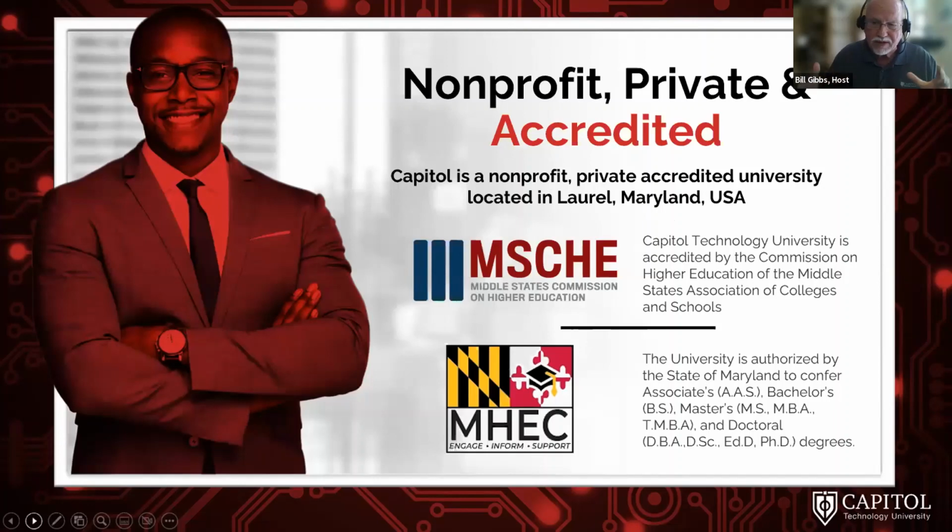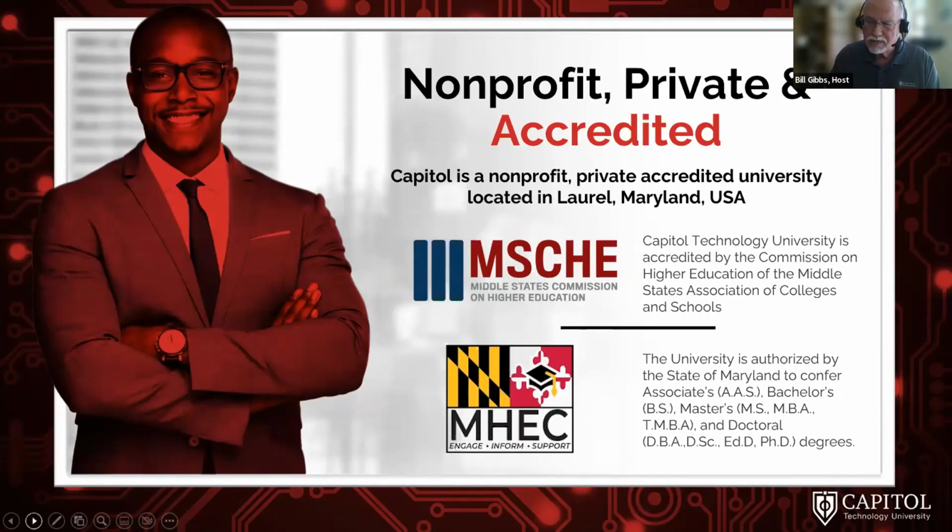Each of these are key words, but I want to really focus in on the accreditation part of it, because sometimes when people are from outside of the United States, they don't understand accreditation and how it works. In the US, the highest level of accreditation that any college or university can achieve is called regional accreditation, and that is what we have. We're accredited with the Middle States Commission on Higher Education. Again, the highest level of accreditation available to any university in the United States.